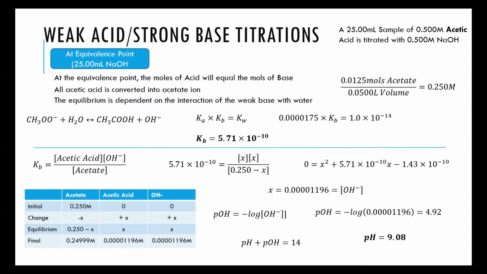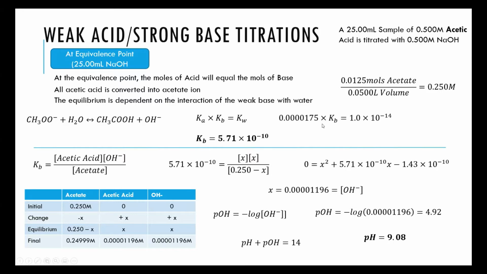And so if you know what the Ka is, you can solve for the Kb, the base dissociation constant. The Kw of water, the equilibrium constant of water, is an absolute constant, 1 times 10 to the negative 14th.